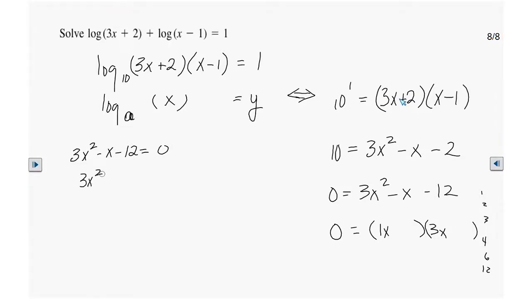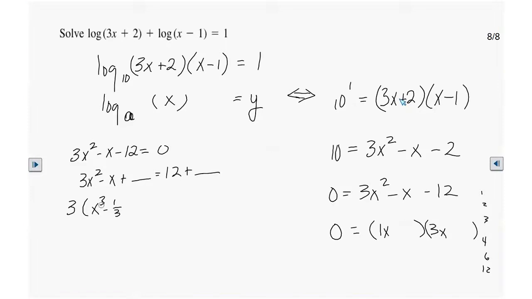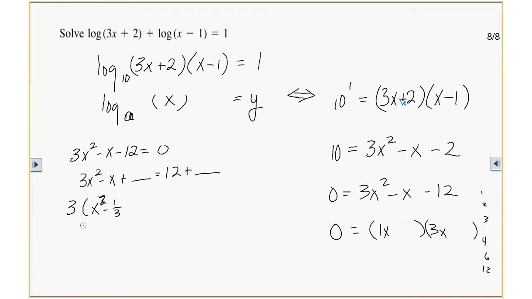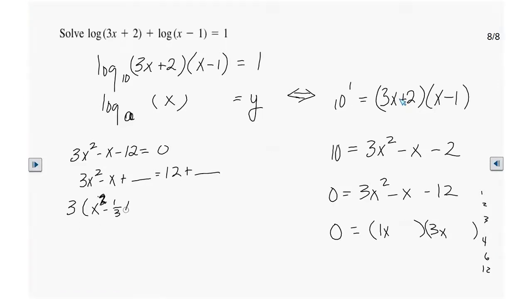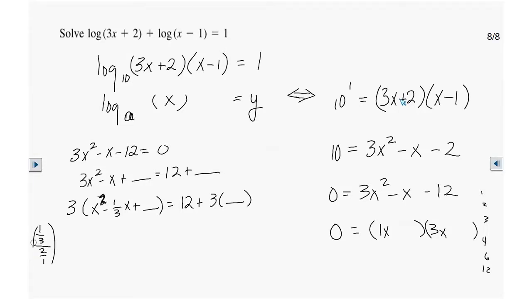3x squared minus x plus blank is equal to 12 plus blank. Factor out 3. X squared minus 1/3 x plus blank is equal to 12 plus 3 times blank. 1/3 divided by 2 is equal to 1/6. 1/6 squared is 1/36.